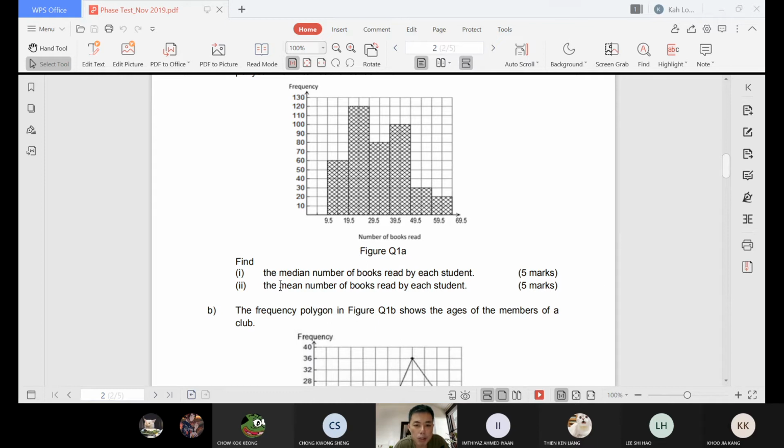The second question asks for the mean number of books read by each student. Now I want you to think for 1 or 2 minutes how you are going to start off with this question. I'm not asking you to calculate. I'm asking you to think what you should do as the first step in order to get the median and mean.